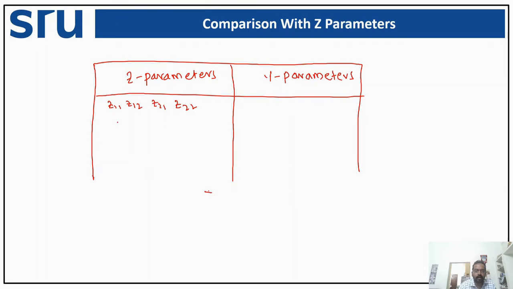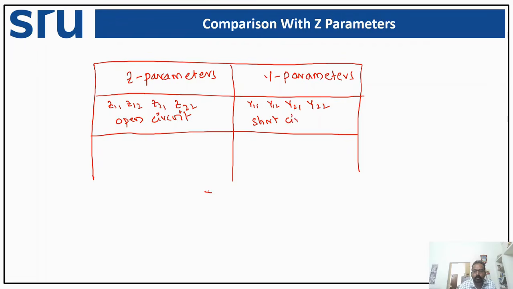These parameters are found by opening the circuit, so we call these Z parameters open circuit parameters. Similarly, the Y parameters we have are Y11, Y12, Y21 and Y22. These parameters are computed by short circuiting the input and output ports. So the Y parameters are otherwise called short circuit parameters.